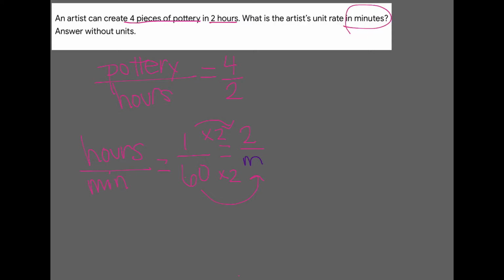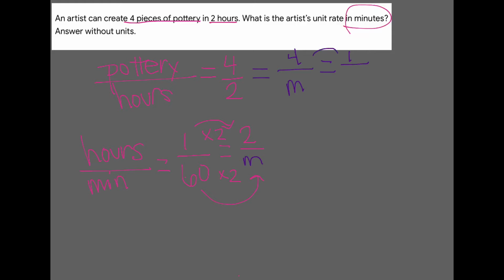So we need to set this up, and we need to put our minutes here. So this will be our minutes, and this will be our 4 pieces of pottery. We need to know now how many minutes 1 pottery takes.